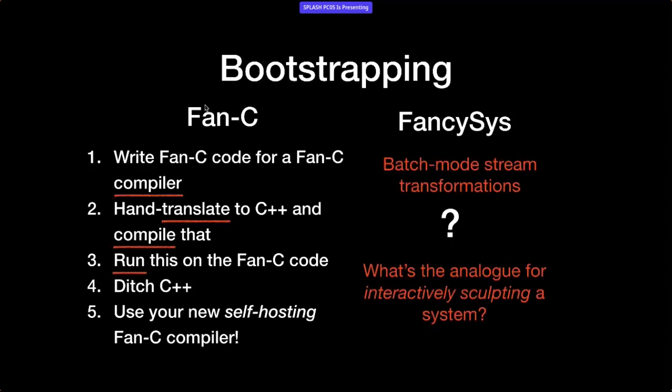This is all well and good for the world of programming languages, but it doesn't really translate well. It's not at all clear what the analogous process is for building a self-sustainable programming system that's interactive and graphical. The details for building a Cola are all expressed in terms of these sort of batch mode stream transformations and compilation and languages.